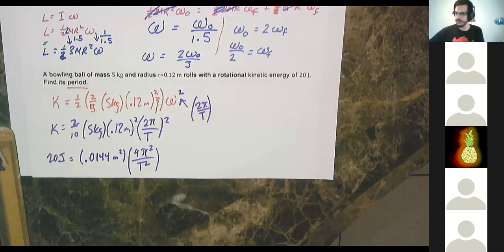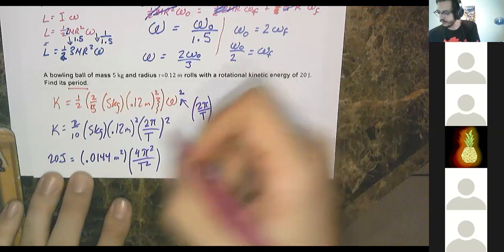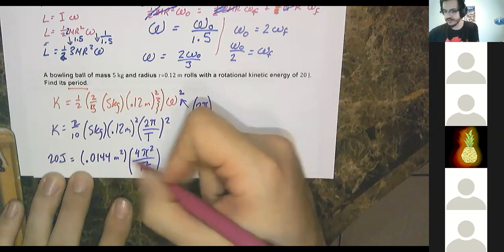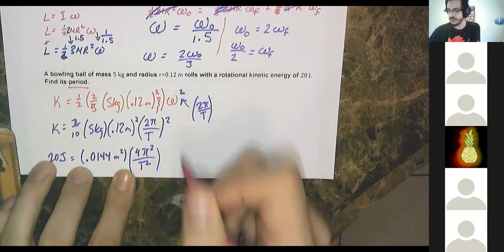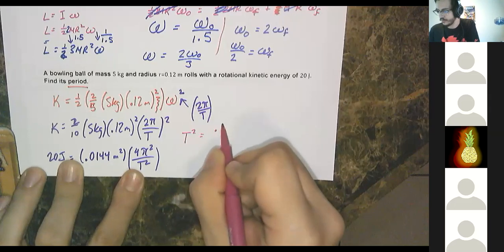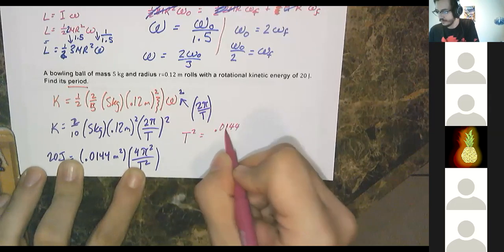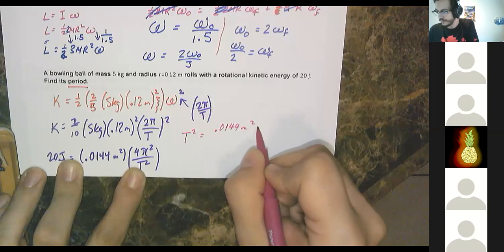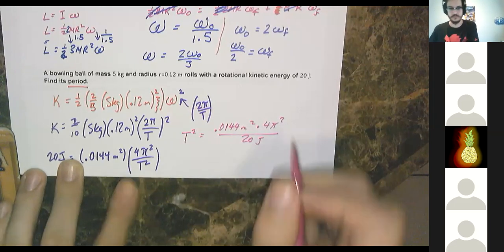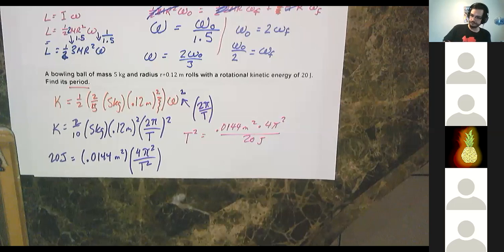No problem. All right, so just move that t squared to the other side. Pull the 20 joules down to this side. T squared is 0.0144 mass squared times 4 pi squared divided by 20 joules.